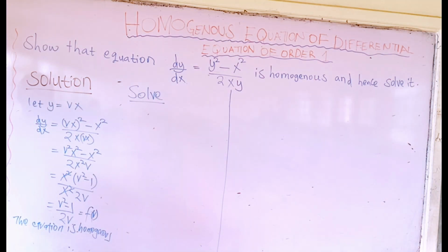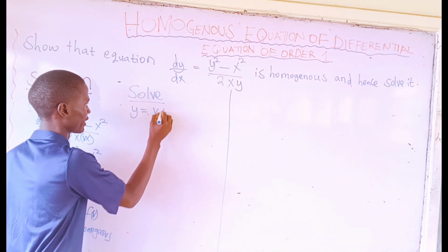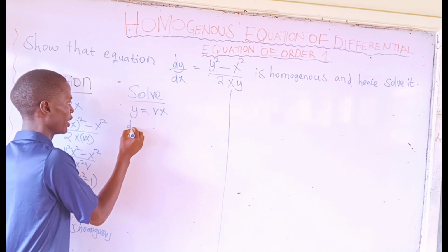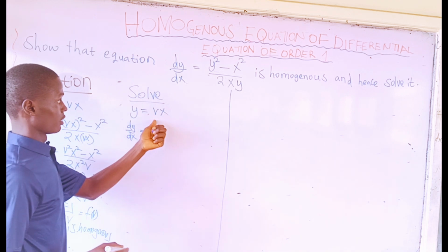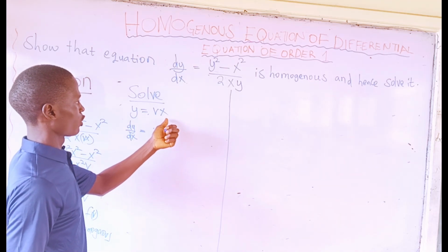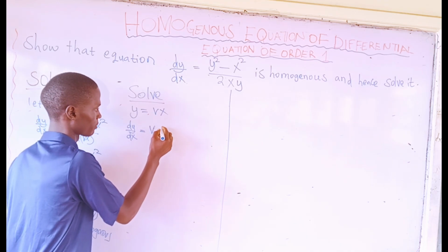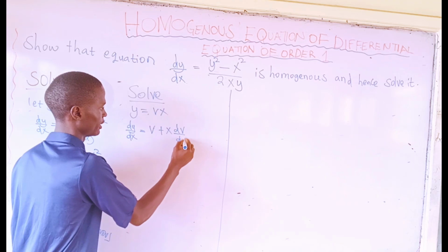To solve the equation, we're going to say that y is equal to vx. We're going to find the first derivative, which will be dy over dx is equal to, because it's v multiplied by x, we're going to use the product rule, which will give you v plus x dv over dx.